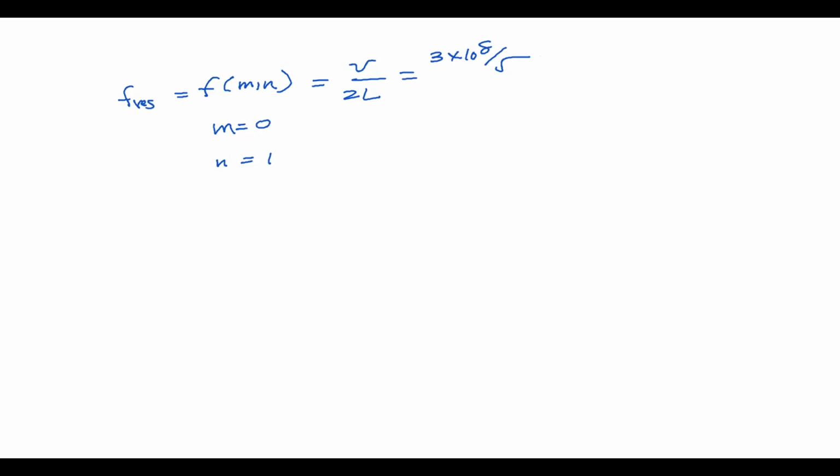Therefore, you need to substitute that value and find the velocity of the wave in that medium. And then you divide by 2 times the length of the antenna, right? The length of the antenna is 2.5 centimeters, so you can convert it into meters also.